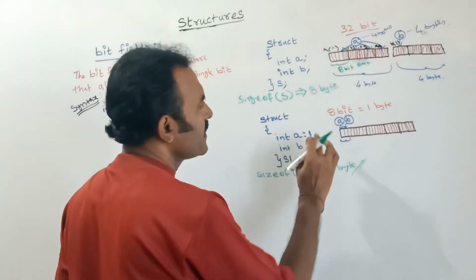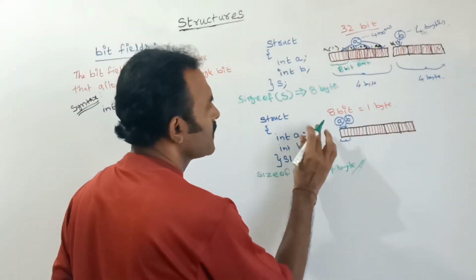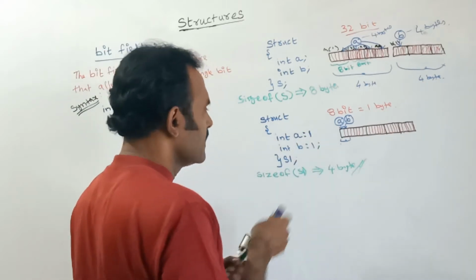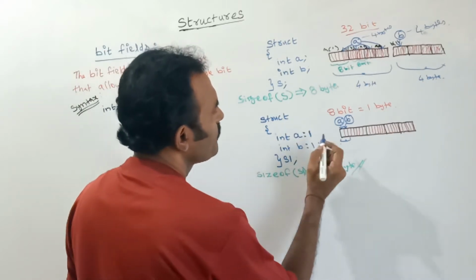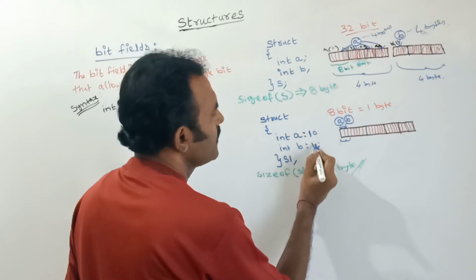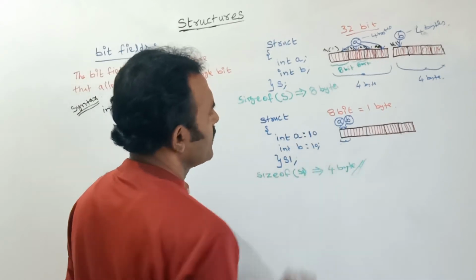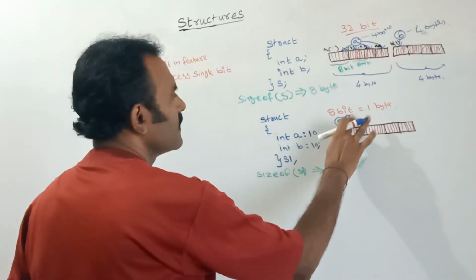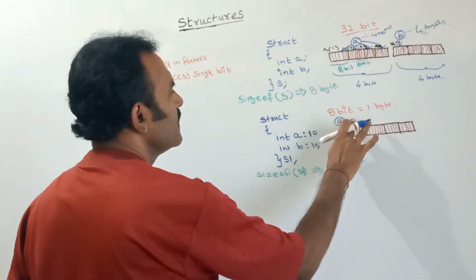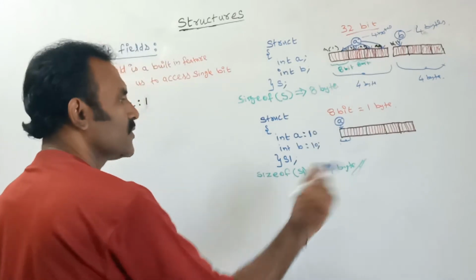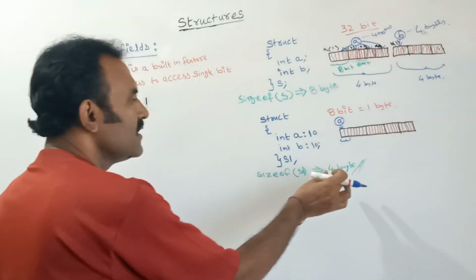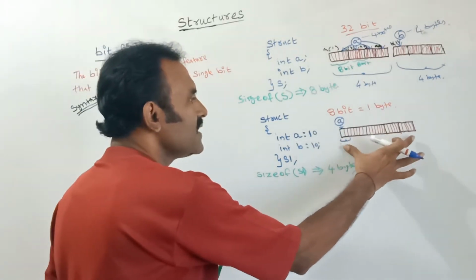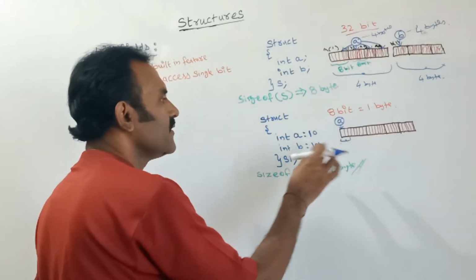Instead, if you give A as 10, that is A of 10 bits, then B of 10 bits, what will be the size? Here also the size will be 4 bytes only, because by default 32 bits were allocated.